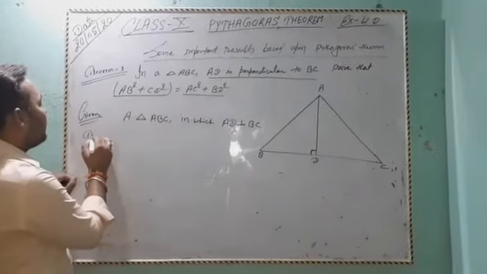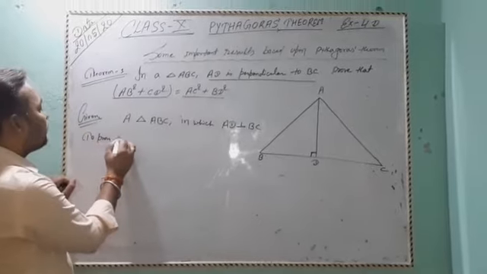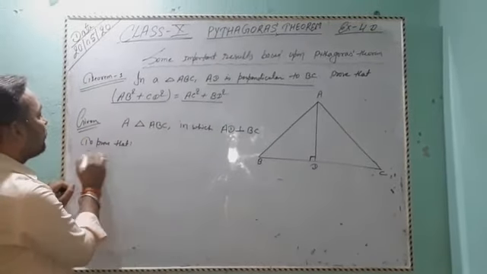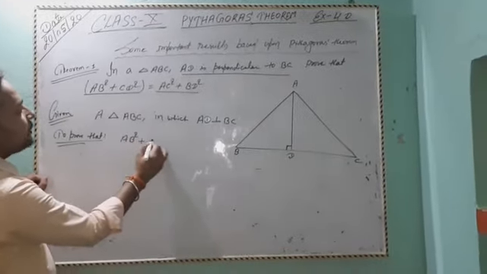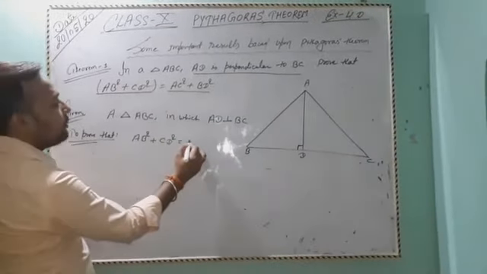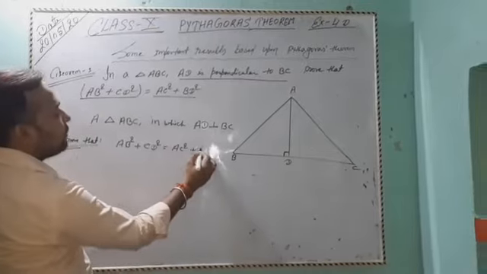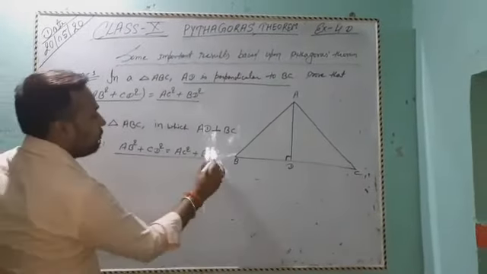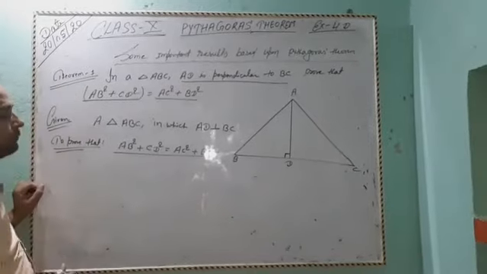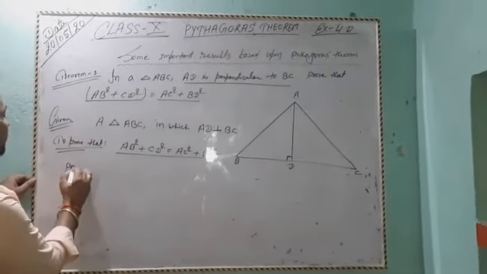To prove that AB square plus CD square equal to AC square plus BD square. Okay, to prove that. Now proof.